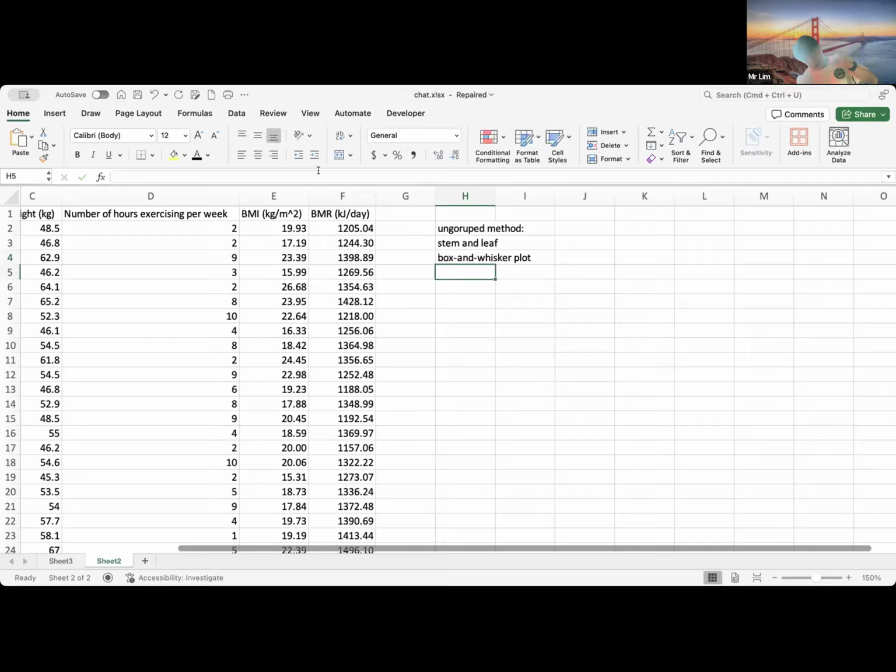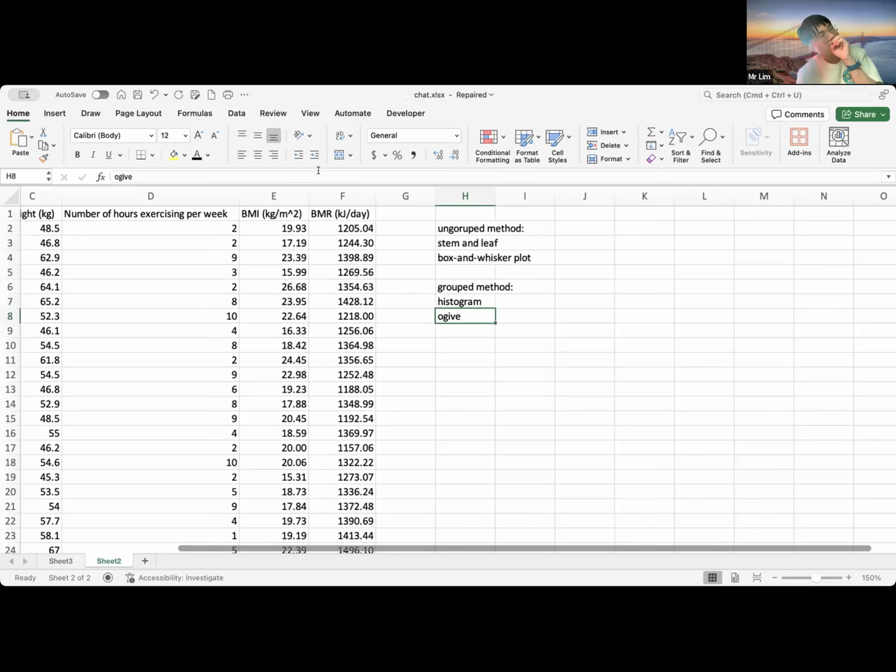Or you can choose a group method: histogram or cumulative frequency curve. But which one do you think is suitable? For me, I think all of them are okay, except the ogive is not really nice.